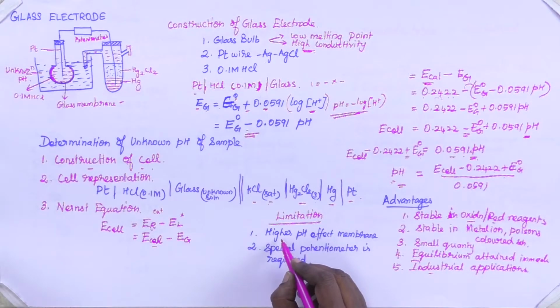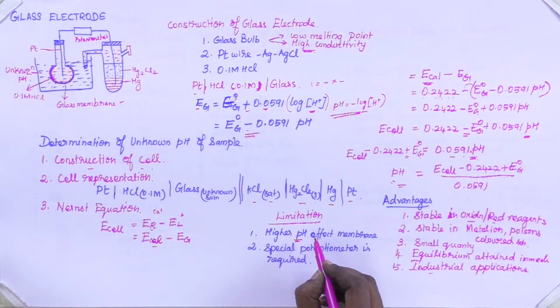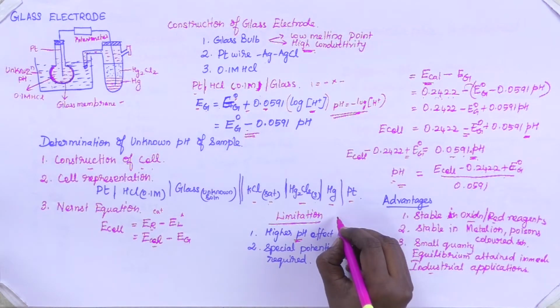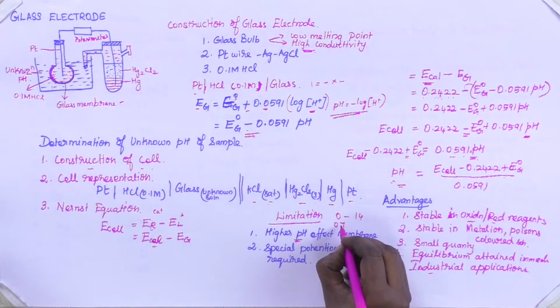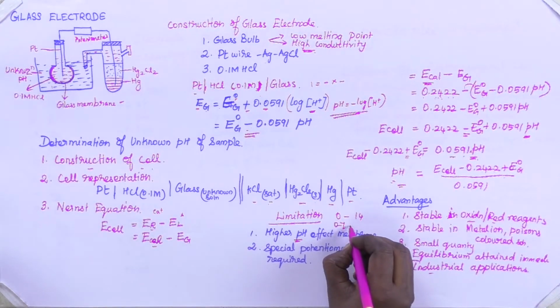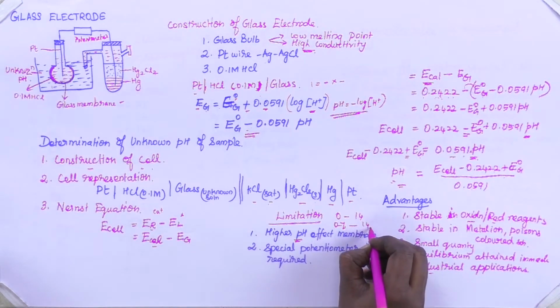What are the limitations? The limitation of the glass electrode concerns very high pH. We know that the pH scale is 0 to 14. 0 to 7 is acidic, 7 is exactly neutral, and 7 to 14 is basic in nature.